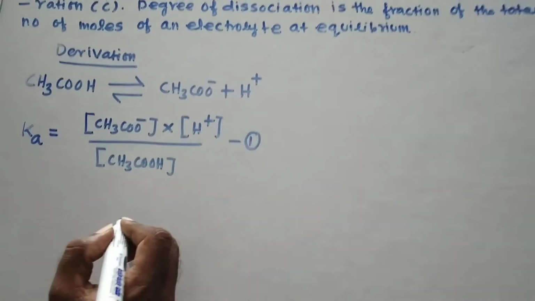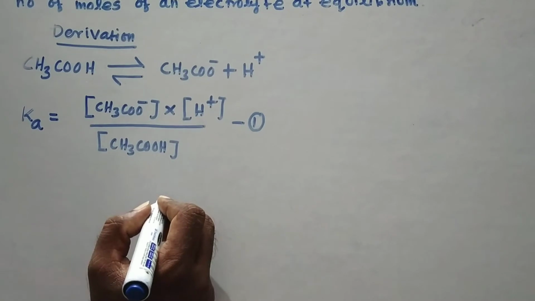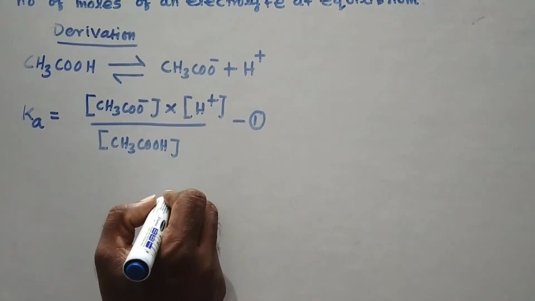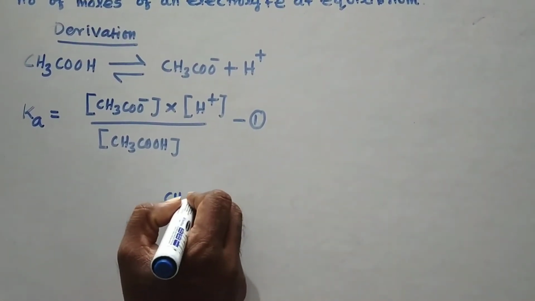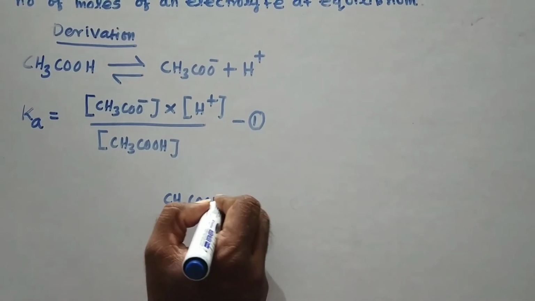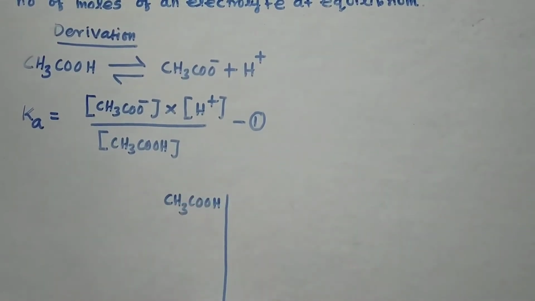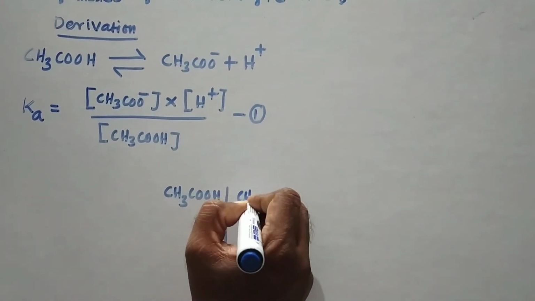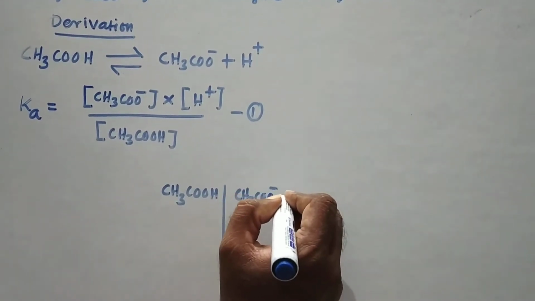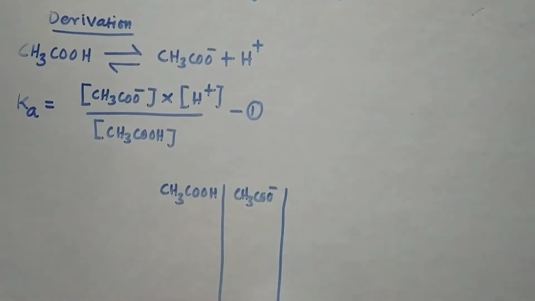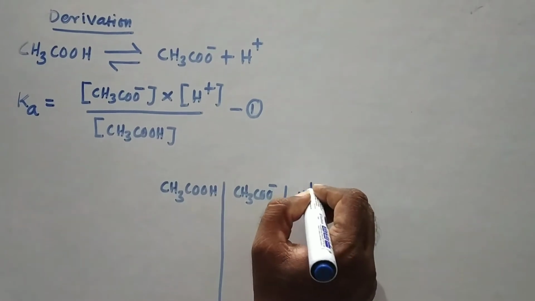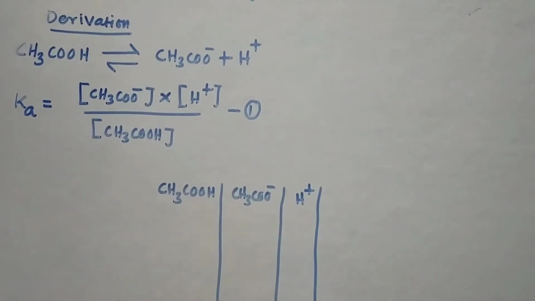Then now we are going to make a tabular column. In the tabular column, first of all, acetic acid, then acetate ion CH3COO minus, then hydrogen ion. Okay.